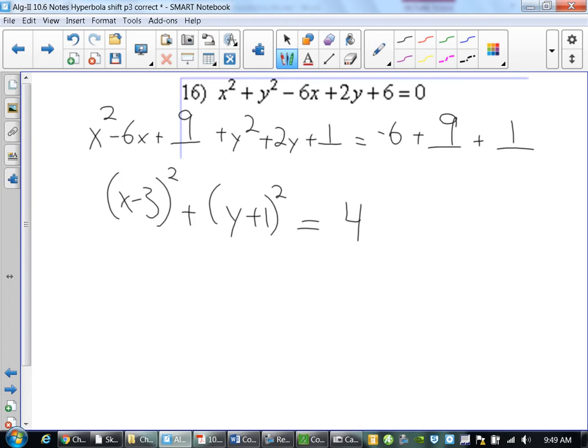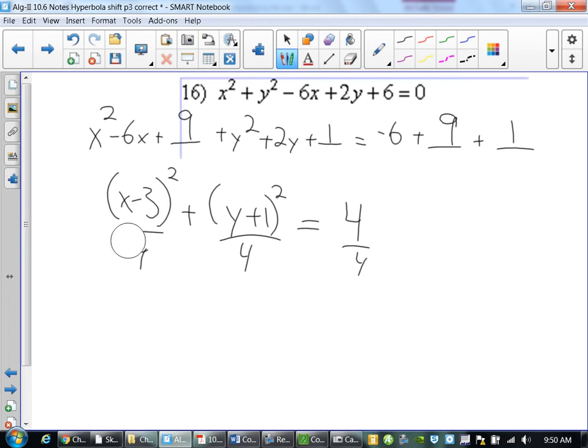You get a circle because if you divide out by 4, your a squared and your b squared are the same. Whenever a squared and b squared are the same, that means the distance from your center to your vertex and center to your co-vertex is the same value. Hence, it's a radius.